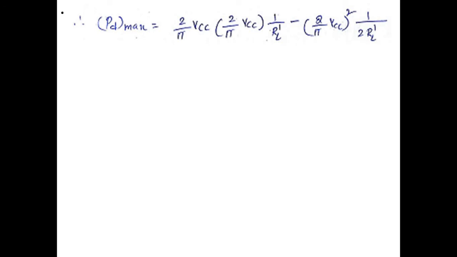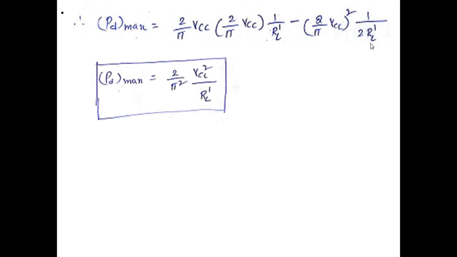PD max is equal to 2 by pi into VCC into 2 by pi into VCC into 1 by RL dash minus 2 by pi into VCC whole square into 1 by 2 RL dash. You simplify it, you will get the maximum power dissipation, which is equal to 2 by pi square into VCC square by RL dash. Means that the maximum power dissipation depends upon how much supply voltage you are applying and whatever the reflected load impedance we have, because of the load that has been connected across the secondary at the output stage.